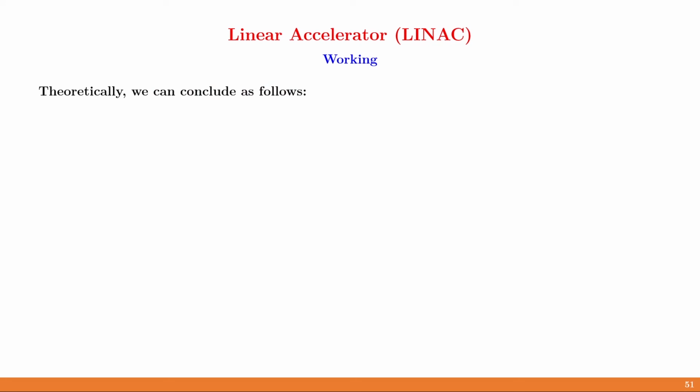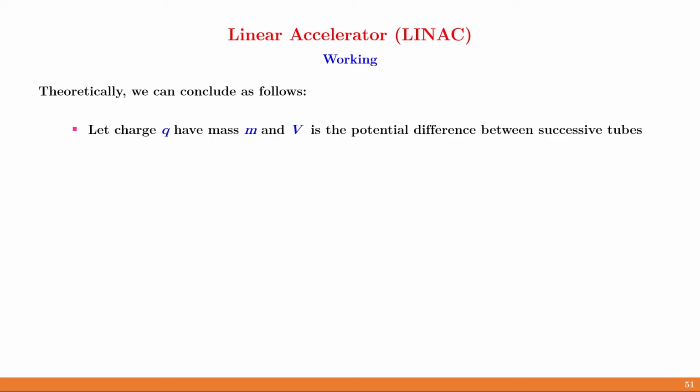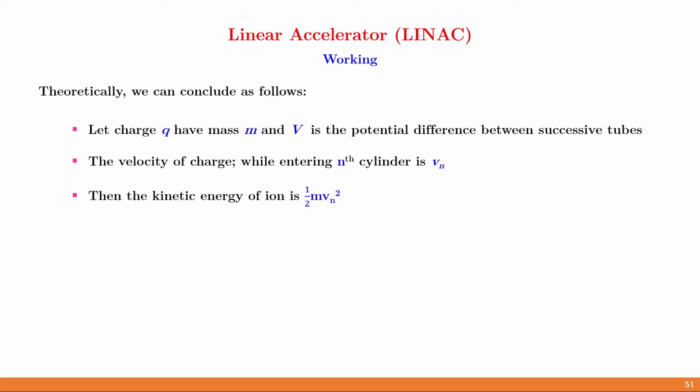Theoretically, we can conclude as follows. Let charge Q have mass m and V be the potential difference between successive tubes. The velocity of the charge while entering the nth cylinder is Vn. Then the kinetic energy of the ion inside the tube is half m Vn square.